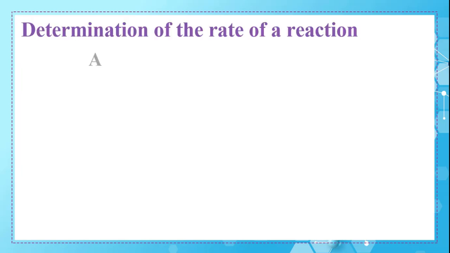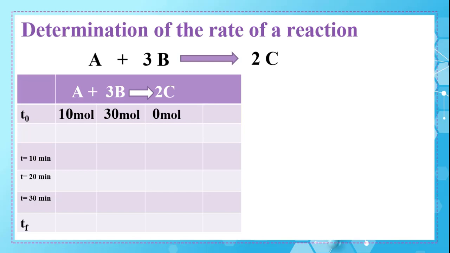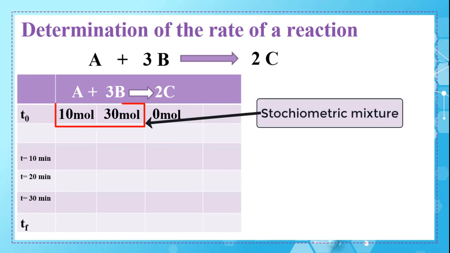Let's see. In this chemical reaction, A plus 3B gives 2C. This means that 1 mole of A reacts with 3 moles of B to produce 2 moles of C. We have a mixture made of 10 moles of A and 30 moles of B. Pay attention that in this reaction, the mixture of reactants is stoichiometric.